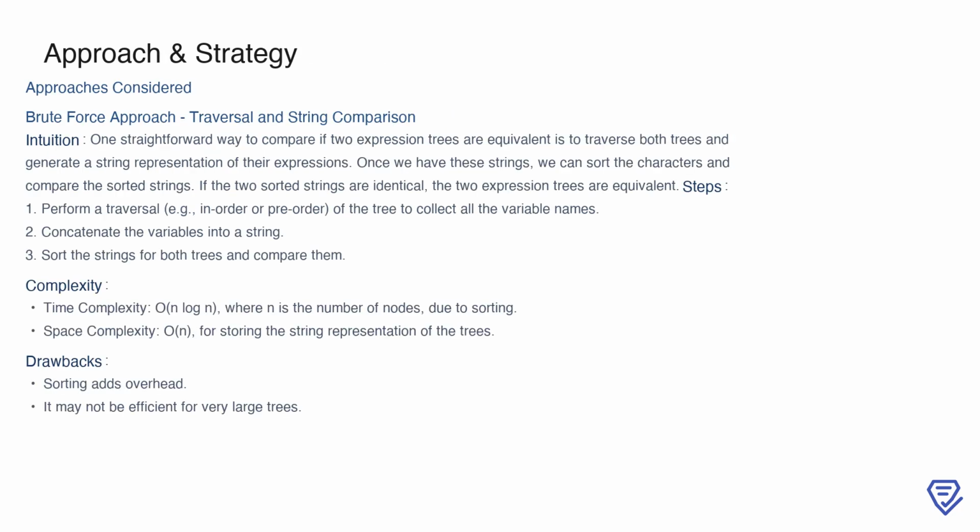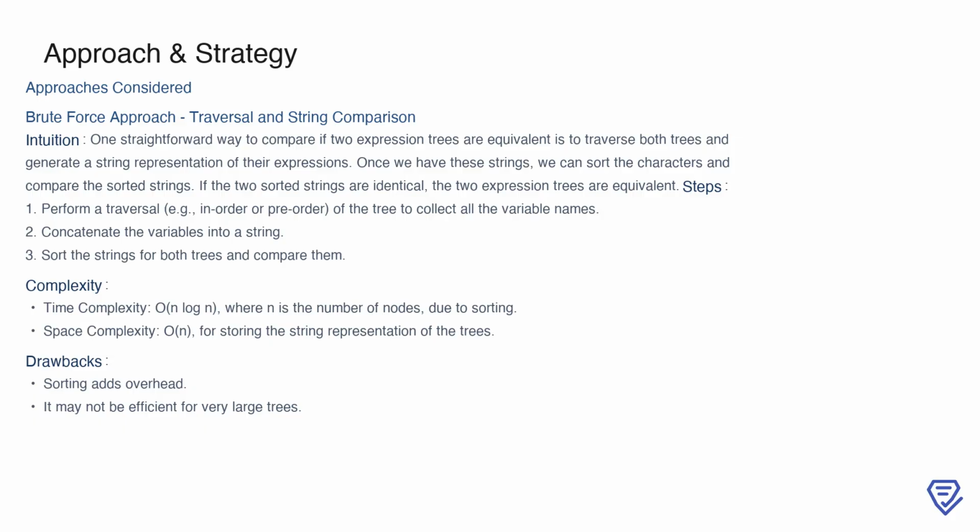To determine if two expression trees are equivalent, one possible approach is to use a brute force method. The intuition here is to traverse both trees and generate a string representation of their expressions. Once we have these strings, we can sort the characters in each and then compare the two sorted strings. If they match, it means the trees are equivalent.